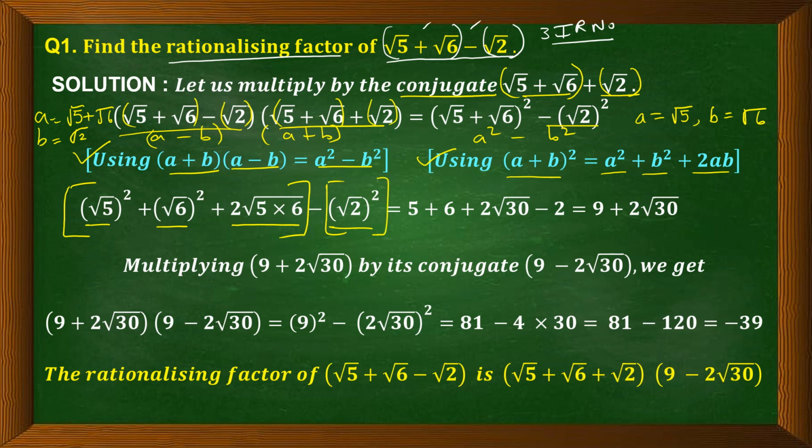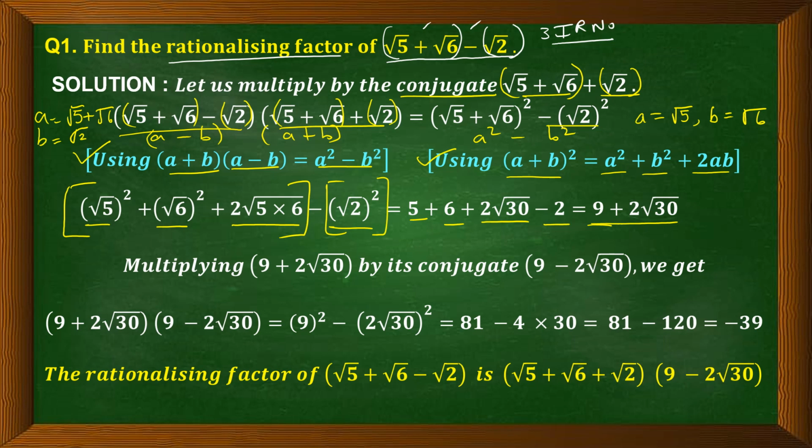Now let us simplify it. Square of root 5 is 5. Square of root 6 is 6. 2 root of 5 into 6 is 2 root 30. And square of root 2 is minus 2. Now 5 plus 6 is 11, and 11 minus 2 is 9. So we get 9 plus 2 root 30.